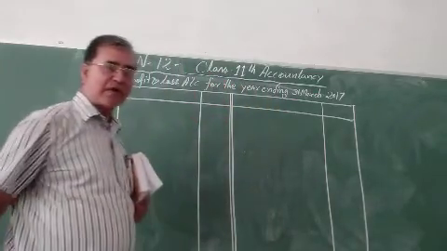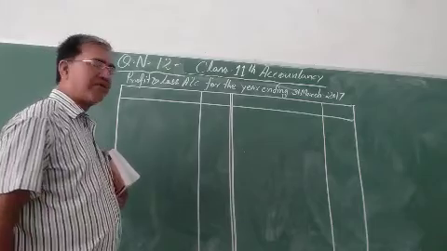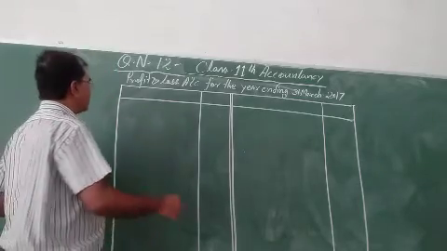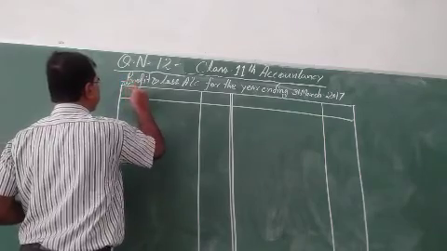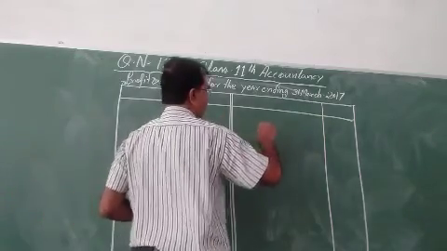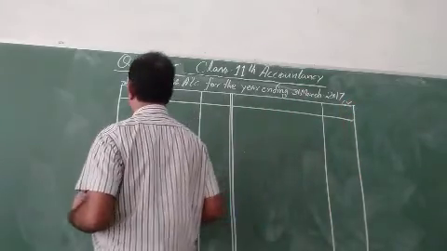Step by step you can see how the transactions are recorded in the profit and loss account. This one is the debit column, the left side, and the right-hand side is the credit column.